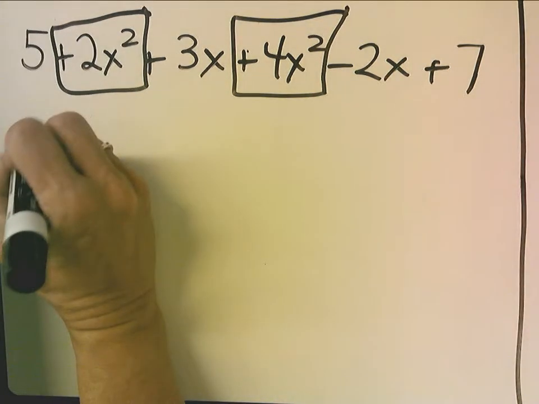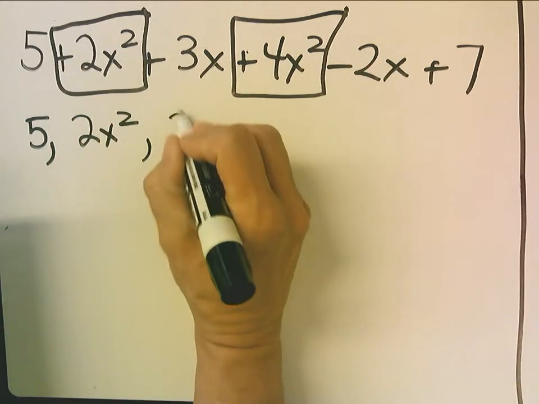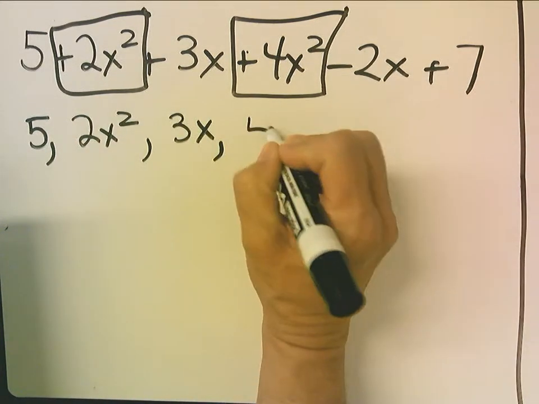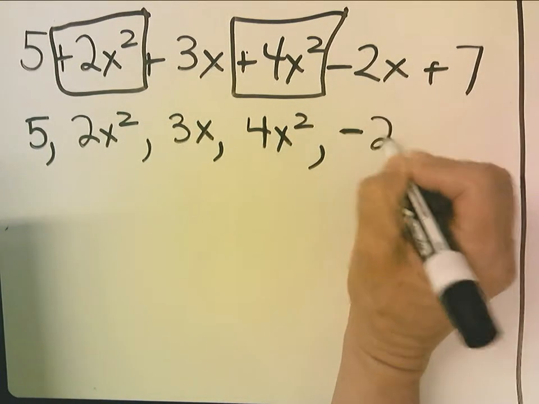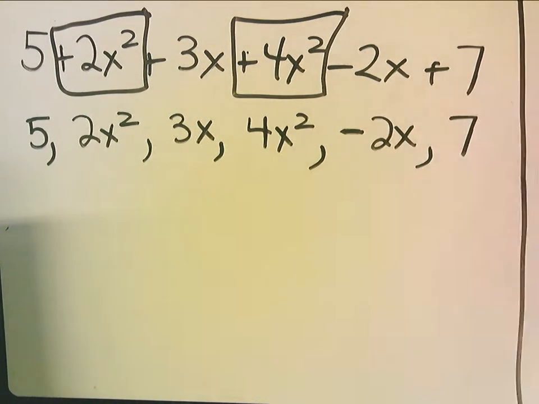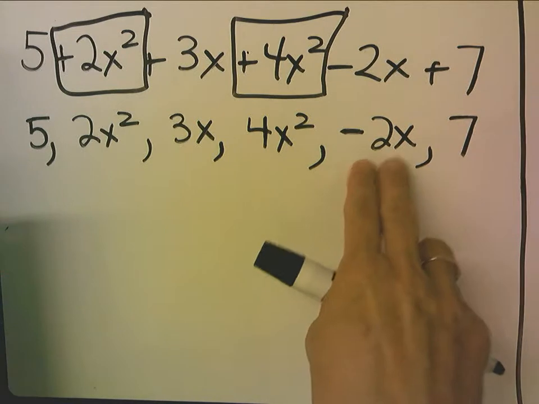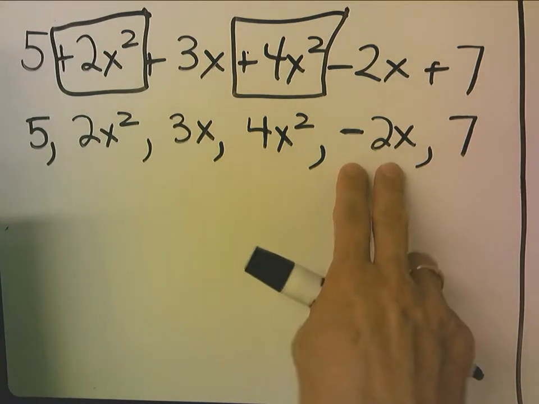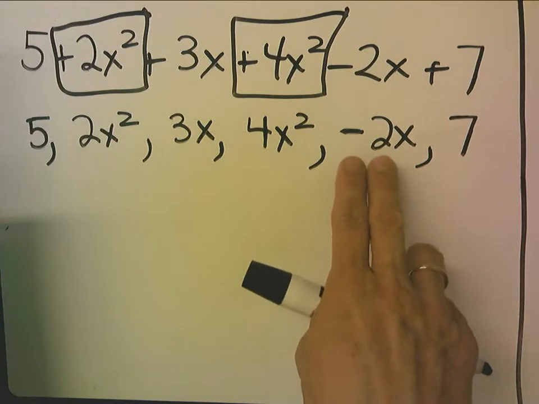So I have a 5, I have a 2x squared, I have a 3x, I have a 4x squared, I have a negative 2x, and I have a 7. Because when you write it like this, with the commas, I am aware of the fact that this is a negative 2x, and it's not minus 2x, and that's a common question.